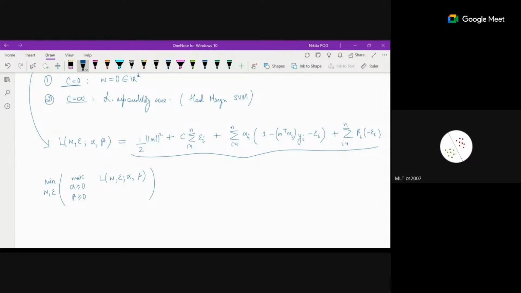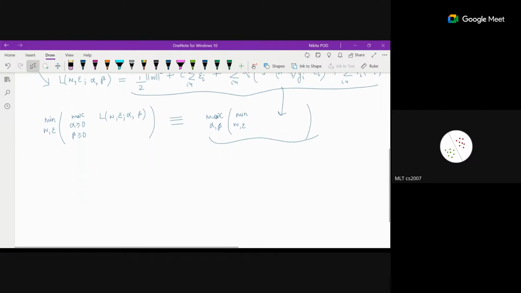And from the strong duality condition, this can be equivalently written as max over alpha, beta of min over W, epsilon of this Lagrangian function. Okay, so now this is my dual problem. Solving this dual problem will lead to certain conditions and show what the important data points are, basically.